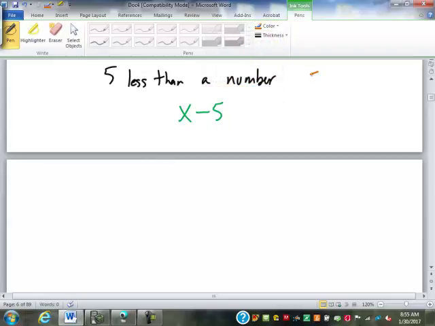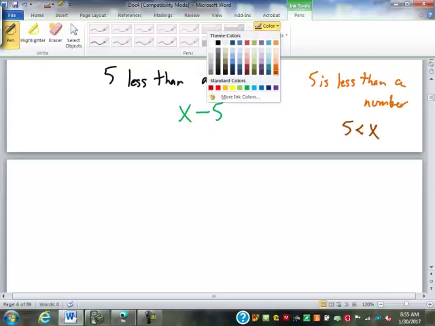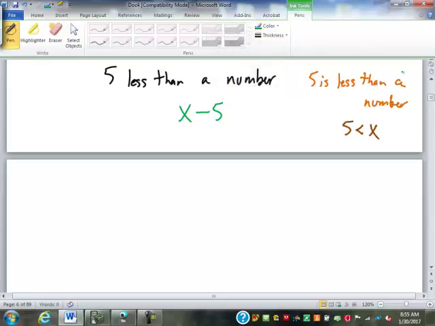If this said 5 is less than a number, what that would be asking for is this: 5 is less than x, like that. Very seldom will you get asked to translate something like that, though. Usually we're looking for an expression like this.